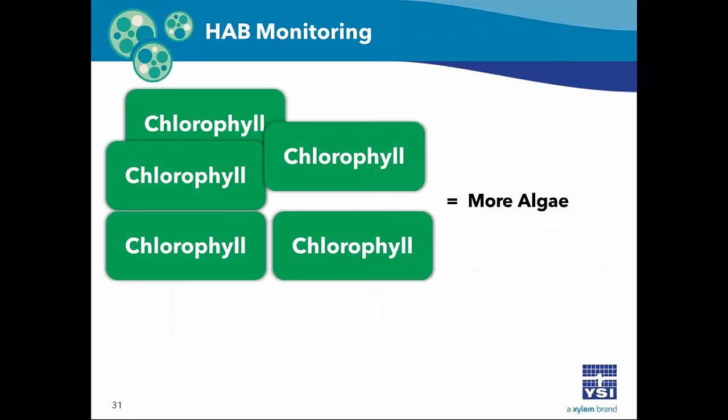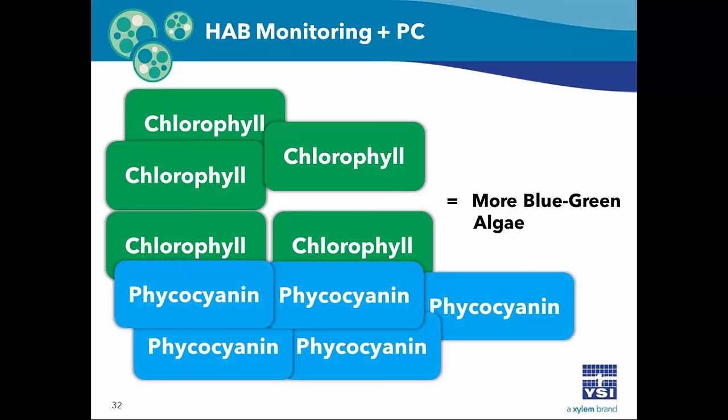And for decades, we've known and we've used chlorophyll as a monitoring tool, primarily by grabbing samples and measuring the content of chlorophyll in the laboratory. Generally speaking, if you have more chlorophyll, you have more algae. But more specifically, if you have a lot of chlorophyll and you have a lot of phycocyanin, you have more blue-green algae. And that really can help you to understand if you have some of those potentially toxic algae in your freshwater system.